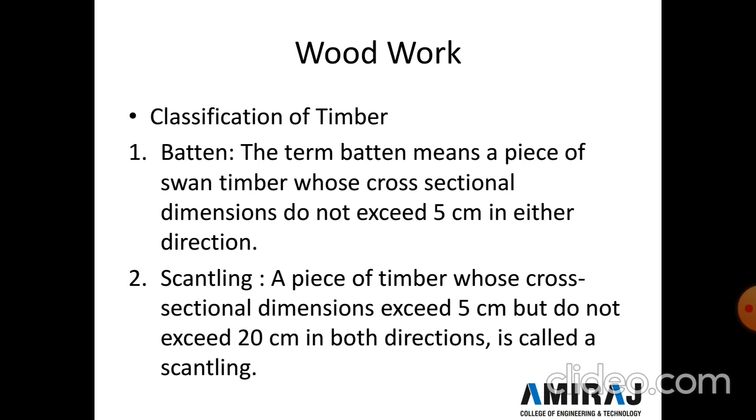First is the batten. The term batten means a piece of sawn timber whose cross-sectional dimension does not exceed 5 centimeter in either direction. And scantling, a piece of timber whose cross-sectional dimension exceeds 5 centimeter but does not exceed 20 centimeter in both directions, is called a scantling.